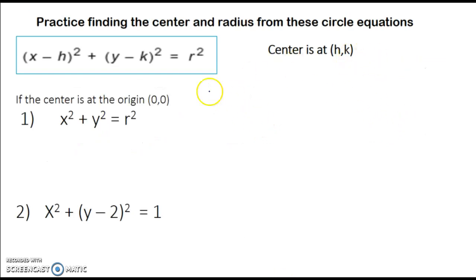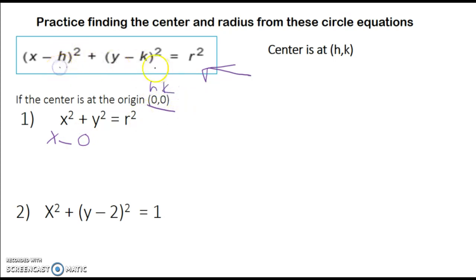Now let's practice here. Here's our equation. Let's see on number 1. If you have a circle like number 1, you have x squared plus y squared equals r squared. What that means is that the center is at the origin, at (0, 0). Because that's really the same as saying (x minus 0), remember, this is your h and your k.